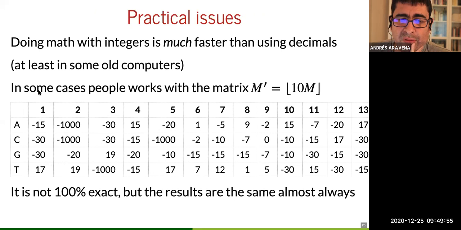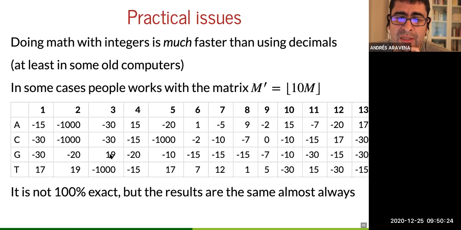The first column has a T, and that gives you 17 points. Then in the second you have C, and they give you minus 1,000. So you take 17 minus 1,000. Then you have G in the third column, and A in the other. So you get 17 plus 19 plus 17 minus 1,000. That will be the score.